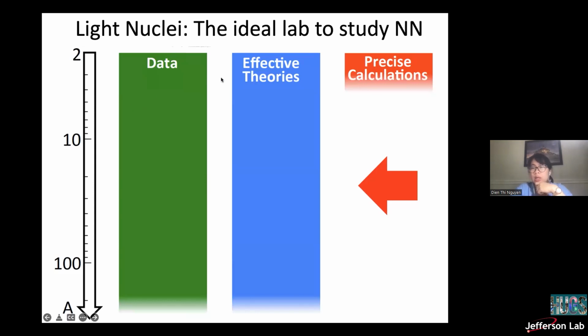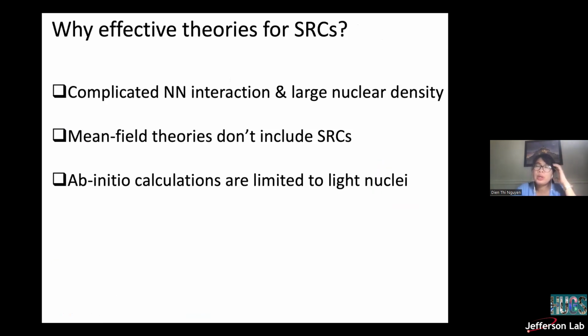The next thing we need is an effective theory, a theory that can help us study SRC in heavy nuclei. The reason we need this effective theory is that heavy nuclei are very complicated, with interactions at large nuclear density, so it's very complicated to describe them in a true picture.